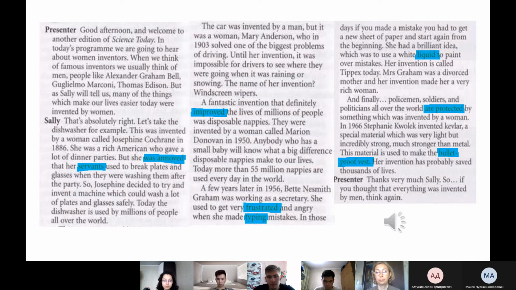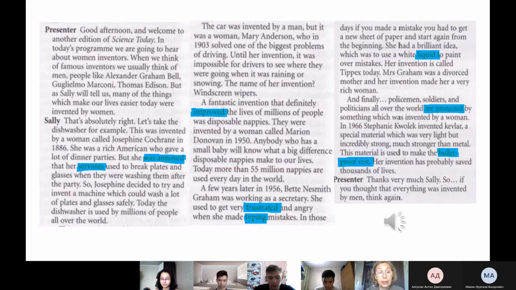And finally, policemen, soldiers, and politicians all over the world are protected by something which was invented by a woman. In 1966, Stephanie Kwolek invented Kevlar, a special material which was very light but incredibly strong, much stronger than metal. This material is used to make the bulletproof vest. Her invention has probably saved thousands of lives. Thanks very much, Sally. So, if you thought that everything was invented by men, think again.